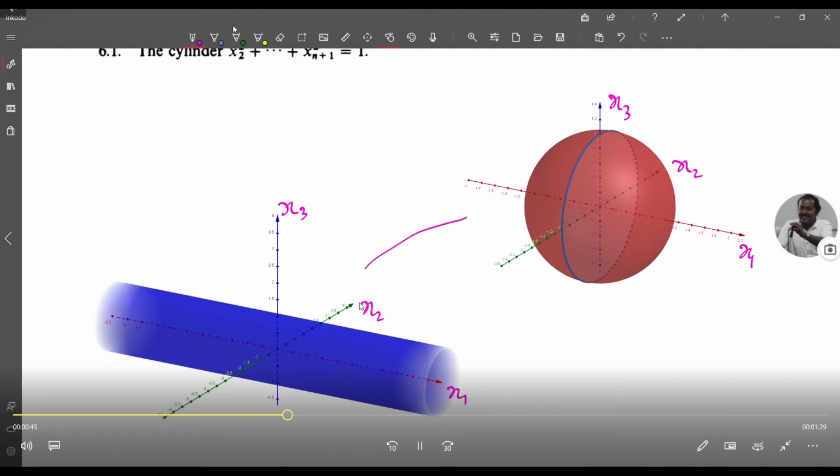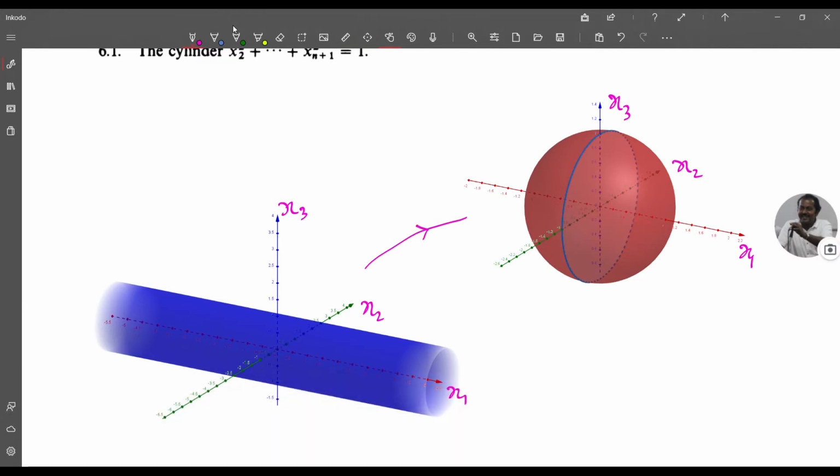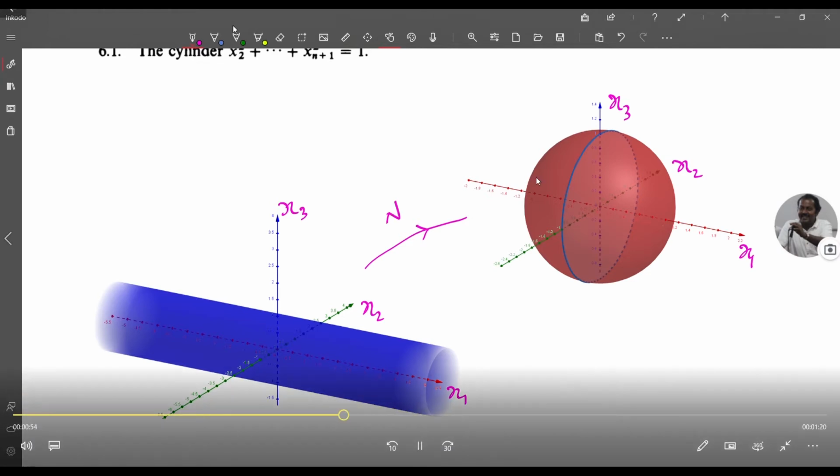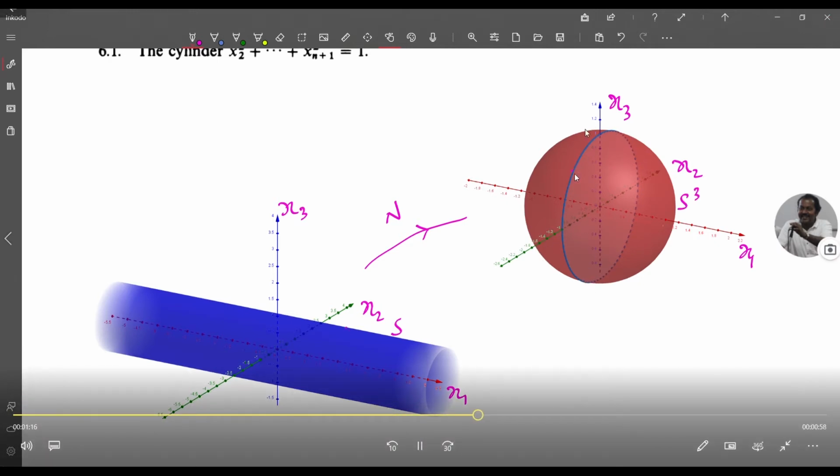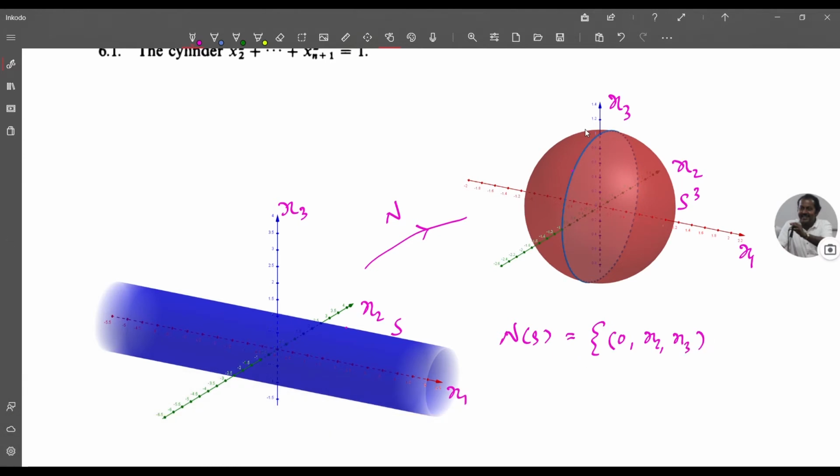So you can define a function n from this surface S to this surface S3. So this is the spherical image of points on the surface. So you know that n of s is the set of all (0, x2, x3) such that x2 square plus x3 square equals 1. There is a spherical image N of S.